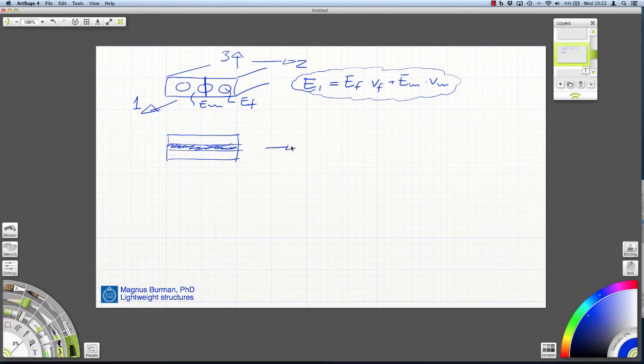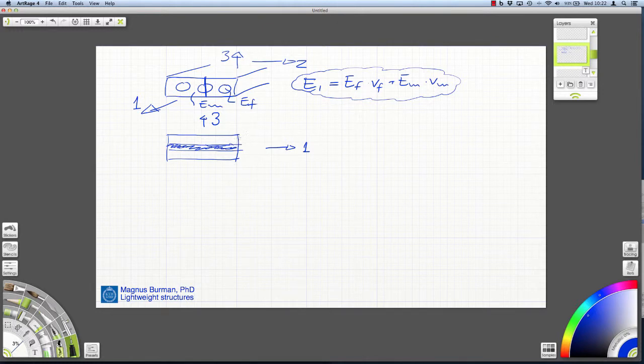So this is the one direction, and this is direction 2. Sorry, that is of course 3. We'll look upon it like this. Okay, doesn't matter.